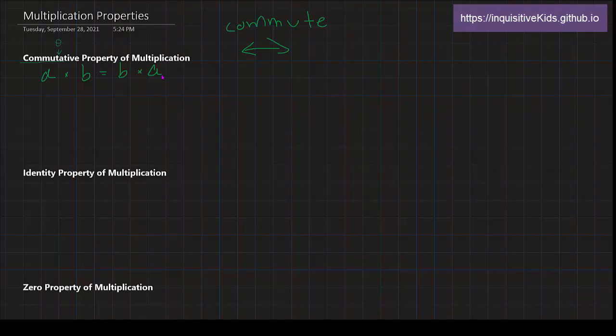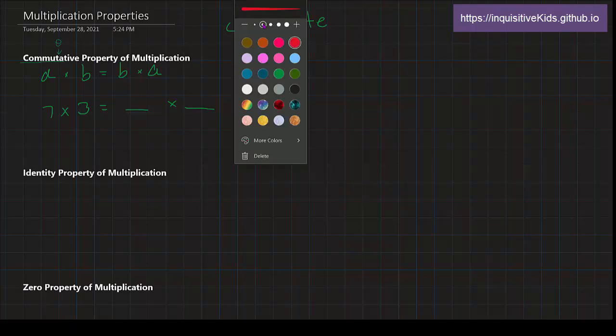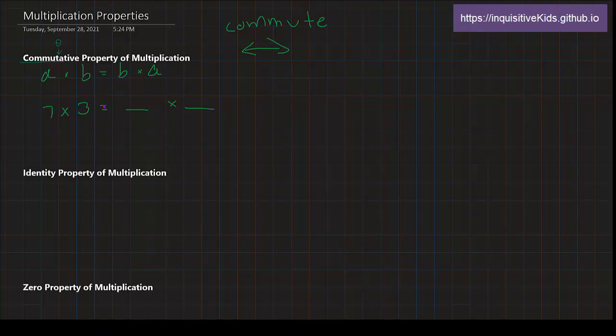So, for example, we could do 7 times 3 is equal to what times what? This time, use the commutative property of multiplication. Yes, you got it. 7 times 3, if you flip them around, which is commuting their order, would be 3 times 7.